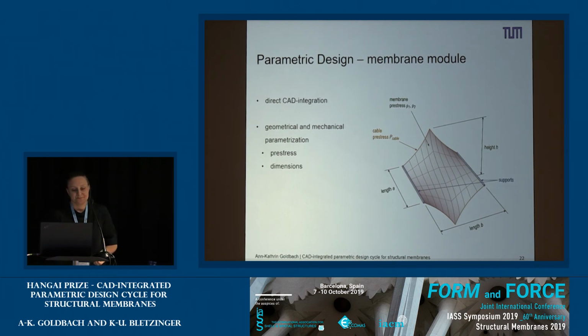So you see here the model in CAD with lengths A and B, and then the height of the module. It's supported on the very bottom and top point, and also on the sides. And like in the example before, the pre-stress in the edge cables and in the membrane can be varied because they're also modeled in a parametric way.